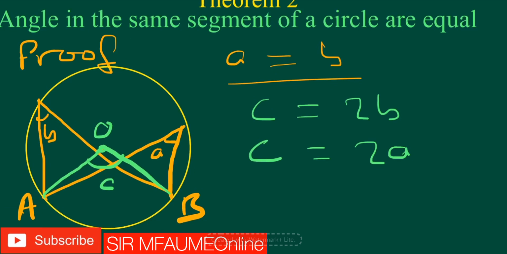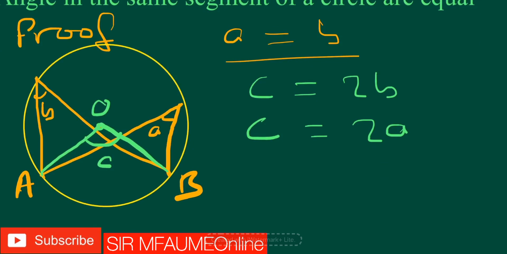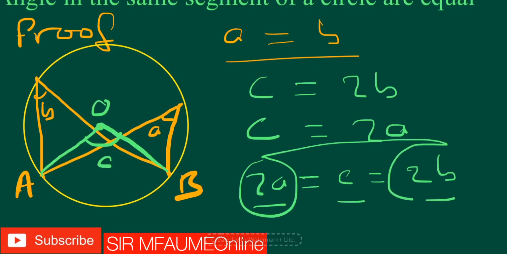From this concept, you will find that if C equals 2B and C equals 2A, that means 2A must be equal to 2B, because 2A equals C and also equals 2B.